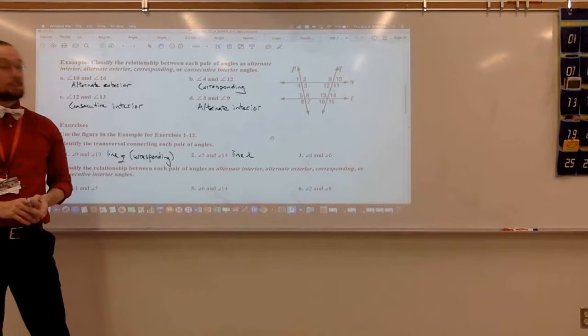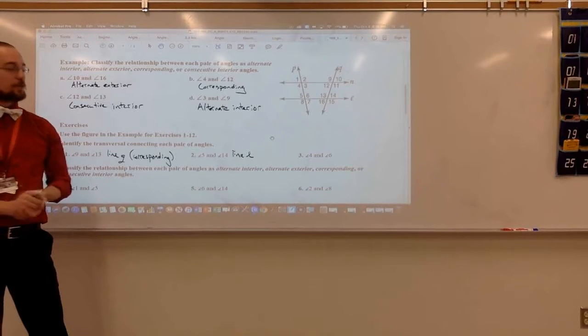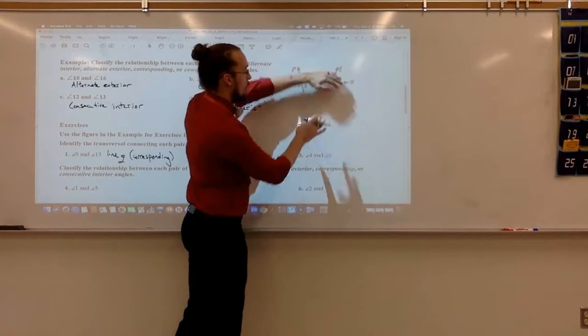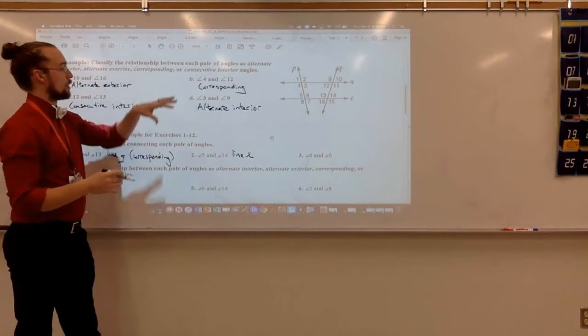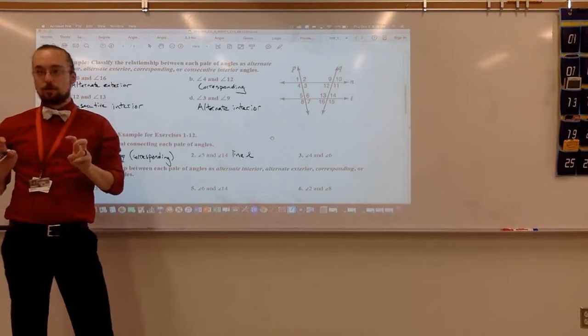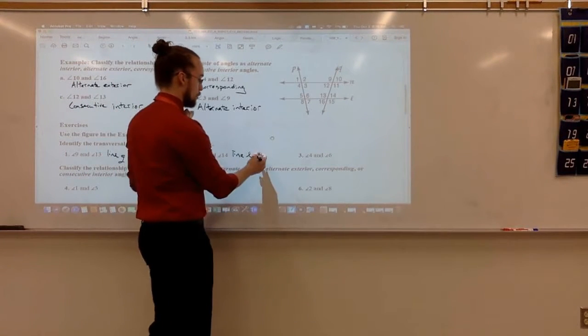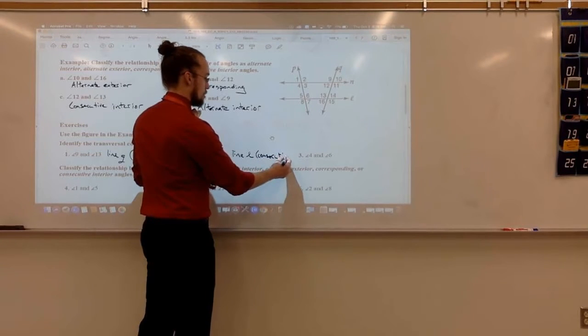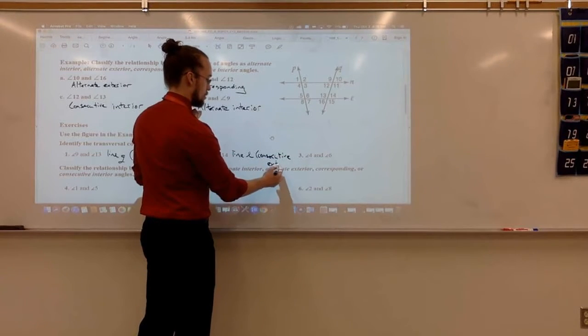These would be consecutive exterior, right? They're on the same side of our transversal on the outside. We didn't say that was one of the relationships, but we can still write it down though. Consecutive exterior.